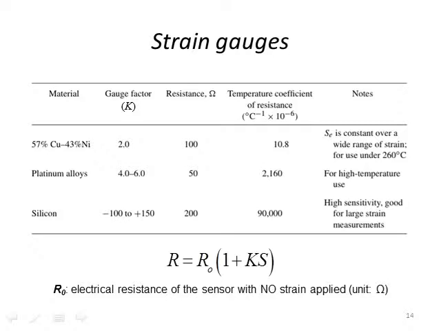And in this case, you can see that the resistance is equal to R sub 0, and R sub 0 is the electrical resistance with no strain applied, multiplied by 1 plus Ks. And S here is strain. Remember, that's our quantity. And then the gauge factor K.